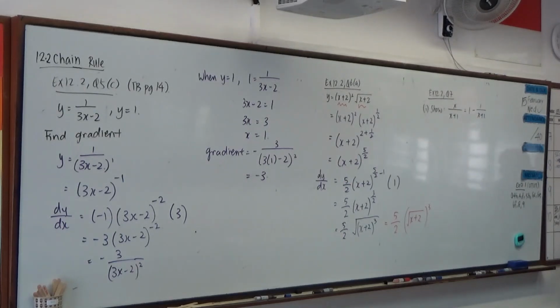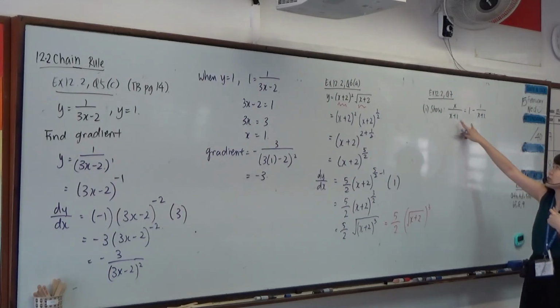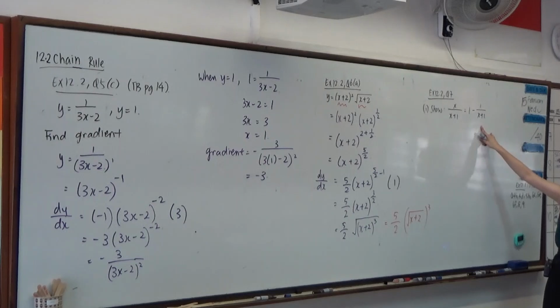So we have x over x + 1 and we want to show that it is 1 minus 1 over x + 1. So you need to recognize that the question is asking us to do partial fractions.